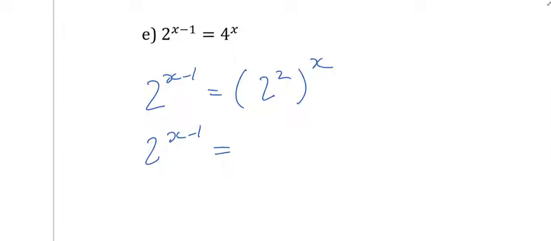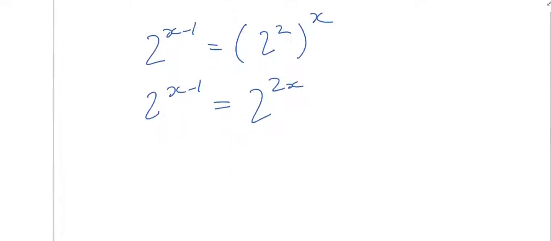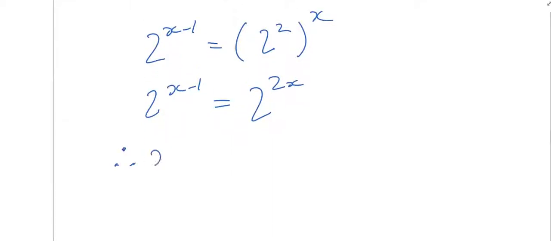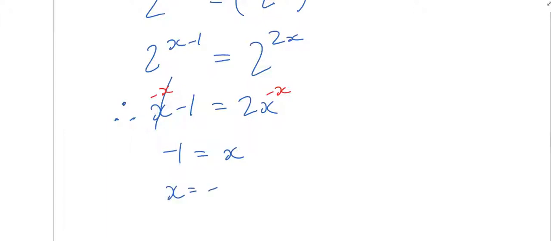What's my rule when I do a power of a power? Sarah? You multiply. So what is 2 times x? 2x. Now I have both sides written with the same base, and I go, therefore, x minus 1 equals 2x. In this case, I'm going to subtract x from both sides because it's going to be the quickest way to solve. So it's gone on this side, and I get negative 1 equals 2x minus x is just x, which is the same as x equals negative 1.